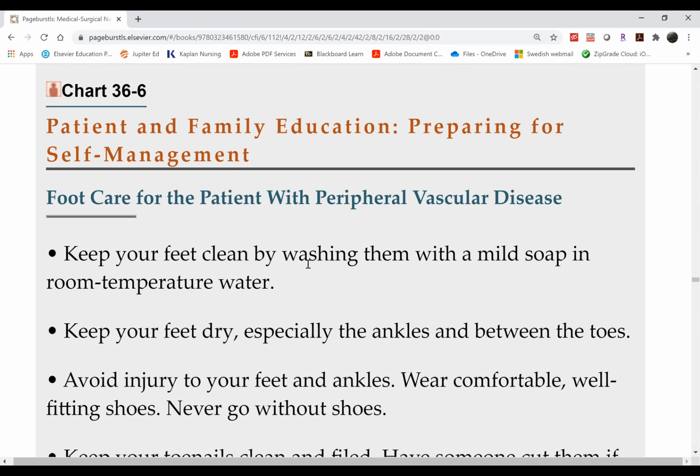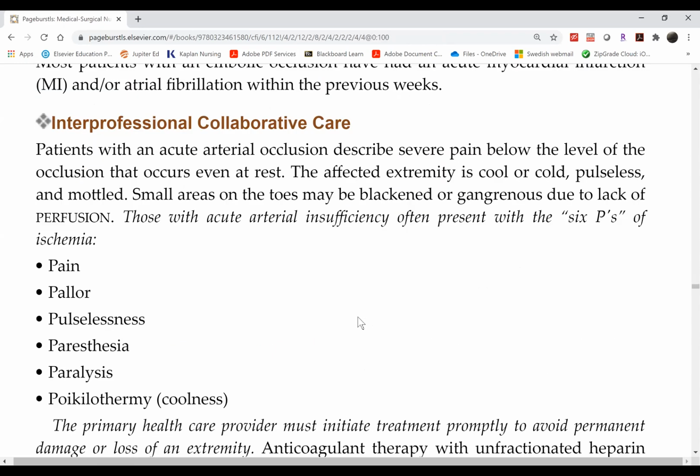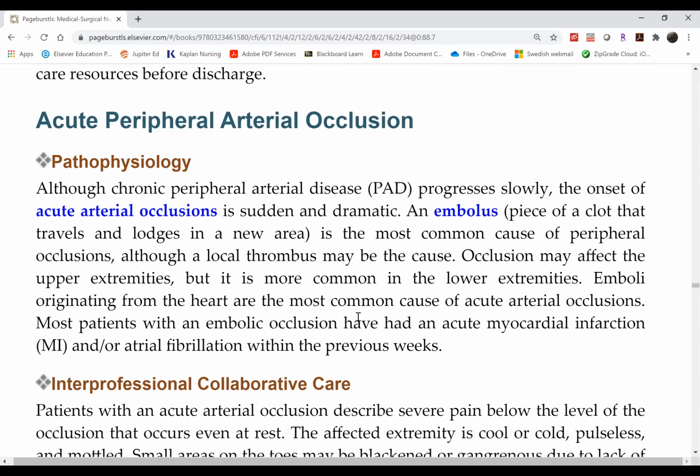And here is foot care. I think I mentioned this last week. This will be similar to the foot care you'll see later in chapter 64. We won't do the arterial problems here, including the aneurysms and aortic dissections.